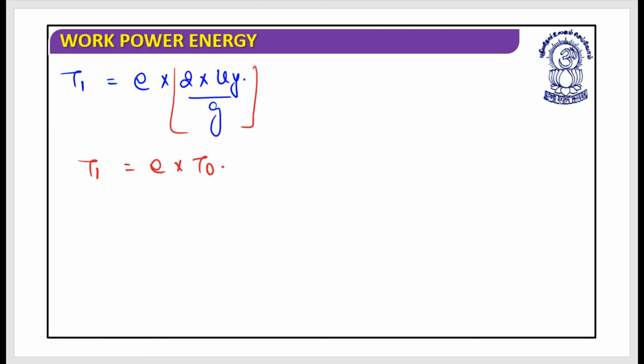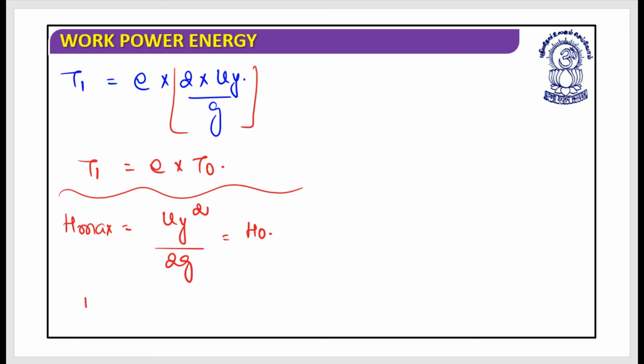Same way for the h max. How should I write this? H max is equal to uy square divided by 2g, and let's say this is h naught. So h1 could be written as, look at this, it is just the square, so it's e square into h naught. I hope this is clear.